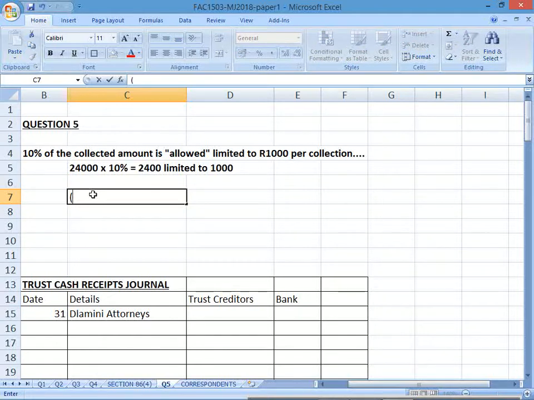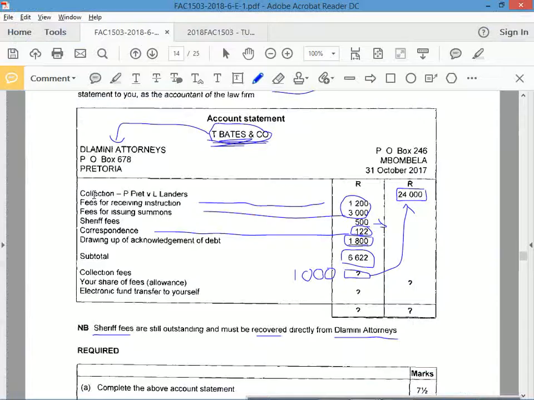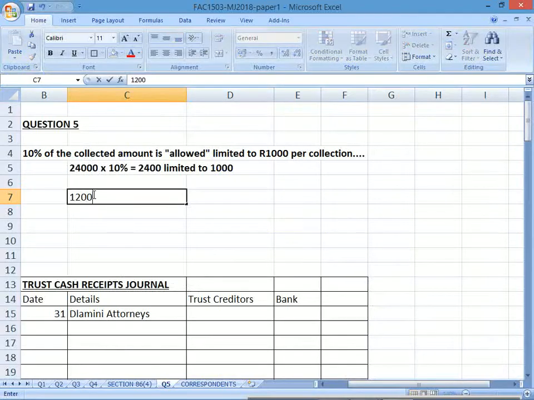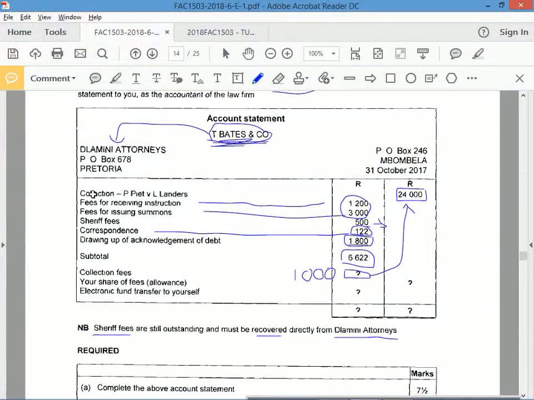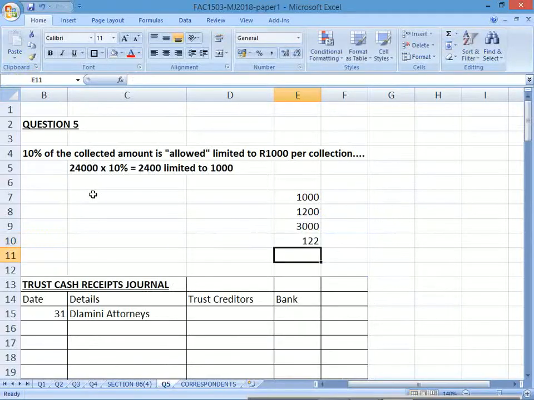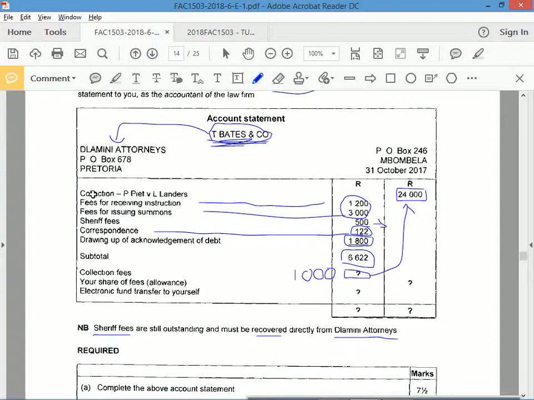The 1,000 plus the 1,200, what else? 3,000 and 122. Are those more fees? Then we include that as well.